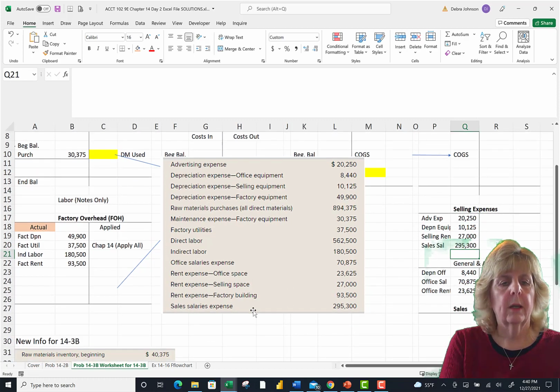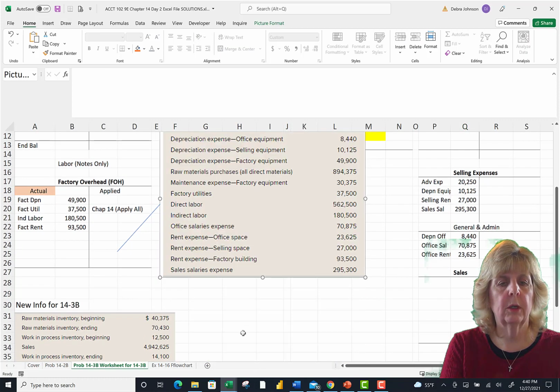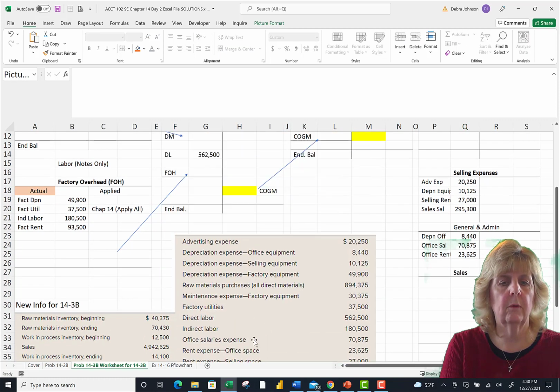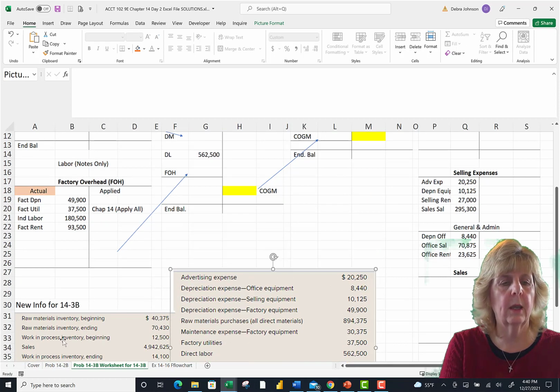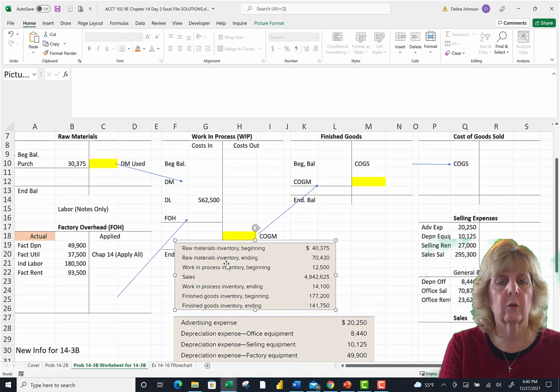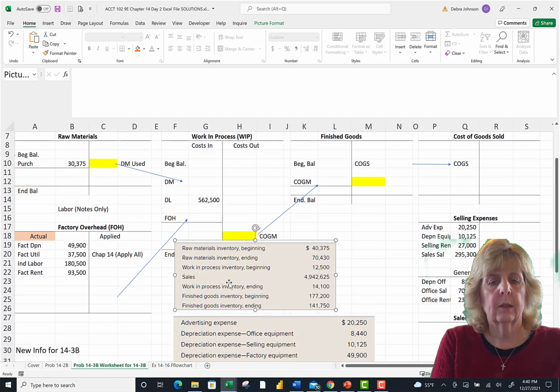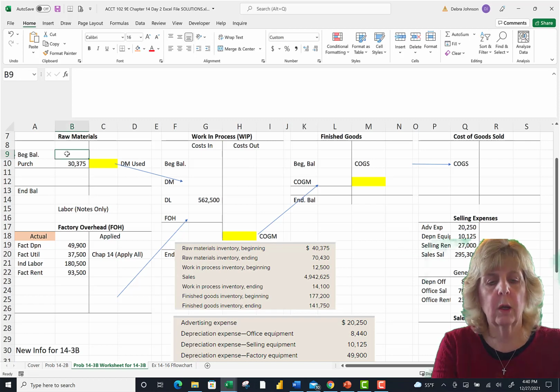And now it comes time for that new information to put into our accounts. Let me move this bigger box out of the way and possibly move this up to prevent having to scroll off of your T accounts. Okay, so here we go. The beginning raw materials inventory was 40,375.